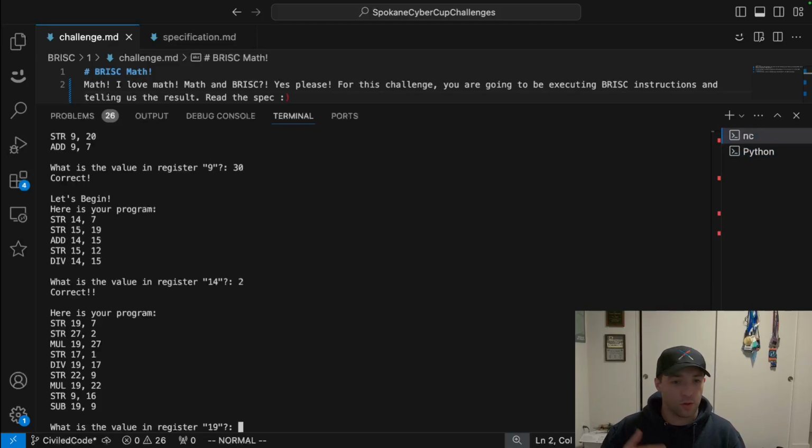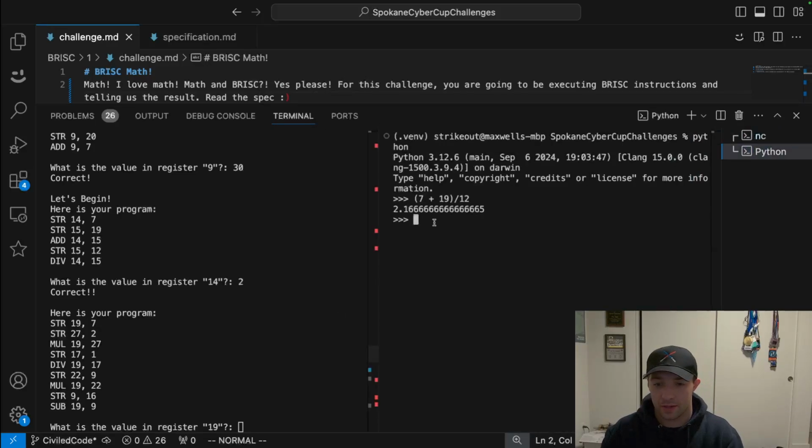So we have to do this over and over again until we get the flag. I wonder if I could split this. Does that work? I can't do that. Okay. So we're putting 7 in memory address 19 and 2 in address 27. And we're multiplying those. So we do 7 times 2.